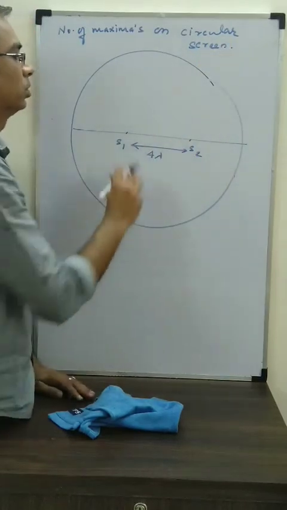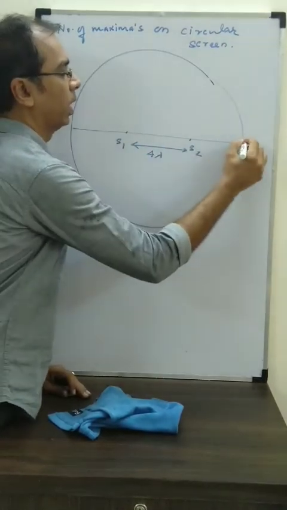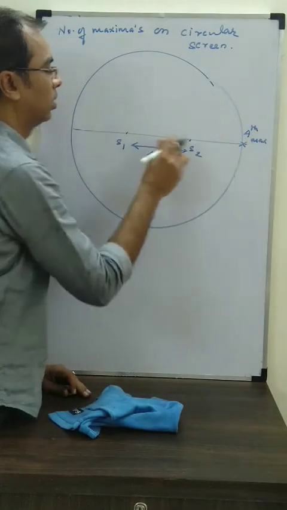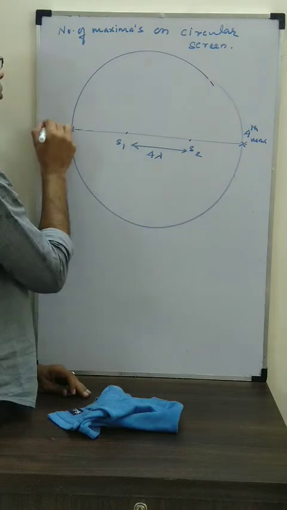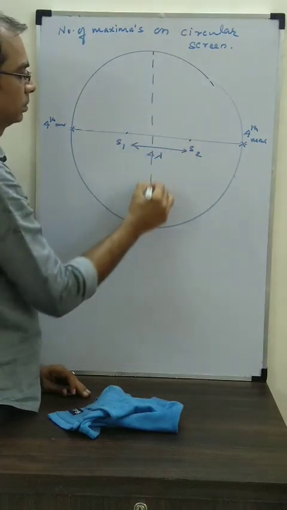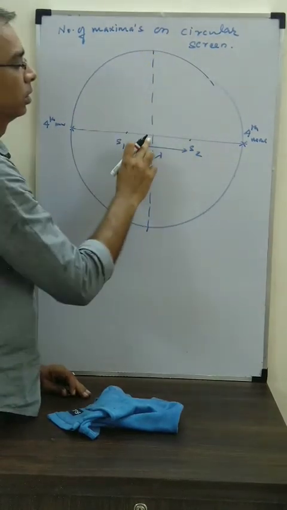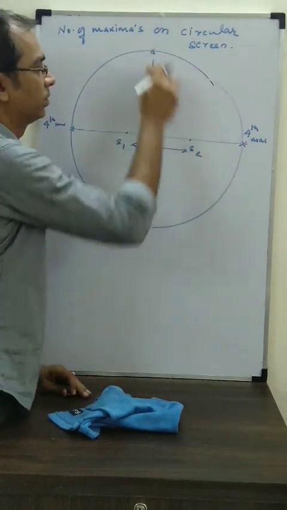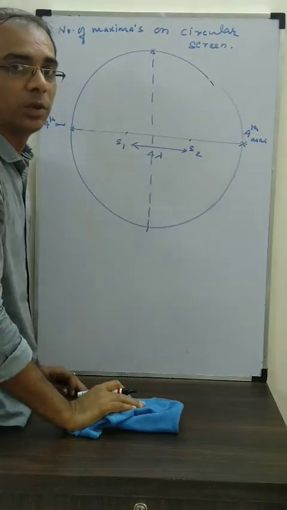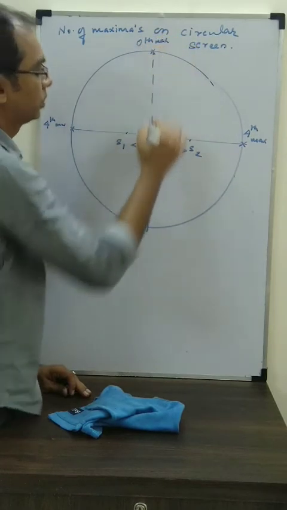Okay, so here you can see that the gap between them is 4 lambda. So I can expect the 4th maximum here, and here also there will be a 4th maximum. Here and here. Now you can see that at this point, the path difference is 0. If the path difference is 0, that means 0 is a maximum, here also and here also.